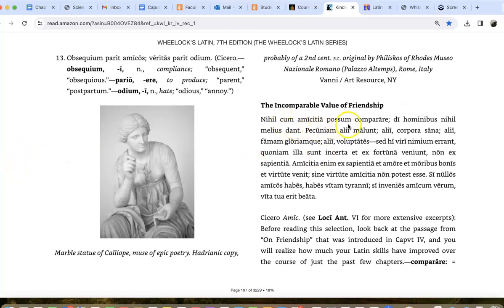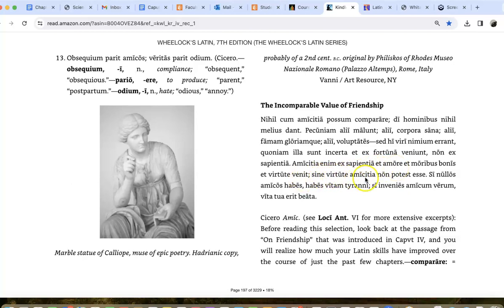Nihil cum amicitia possum comparare, di hominibus nihil melius dant. Pecuniam alii malunt, alii corpora sana, alii famam gloriamque, alii voluptates, sed hi viri nimium errant, quoniam illa sunt incerta et ex fortuna veniunt, non ex sapientia. Amicitia enim ex sapientia, et amore et moribus bonis et virtute venit.